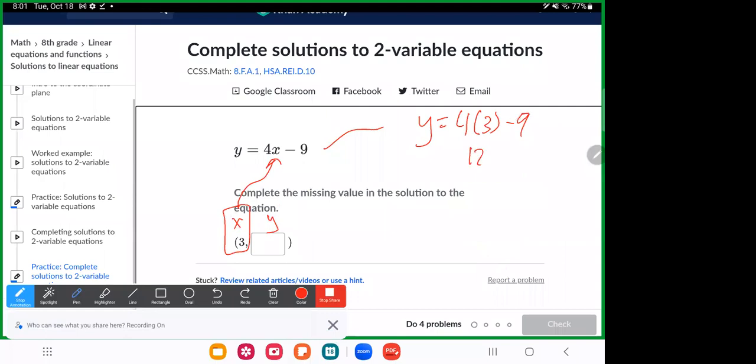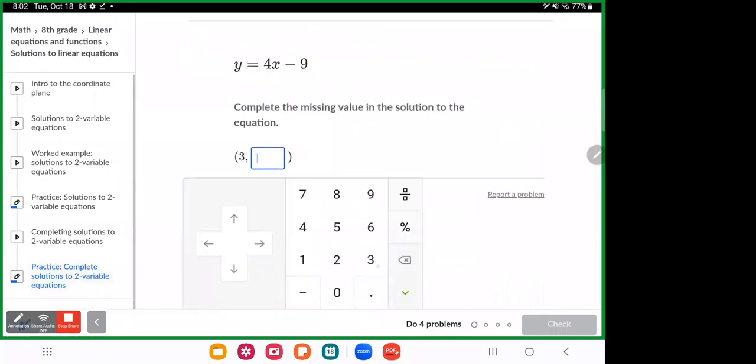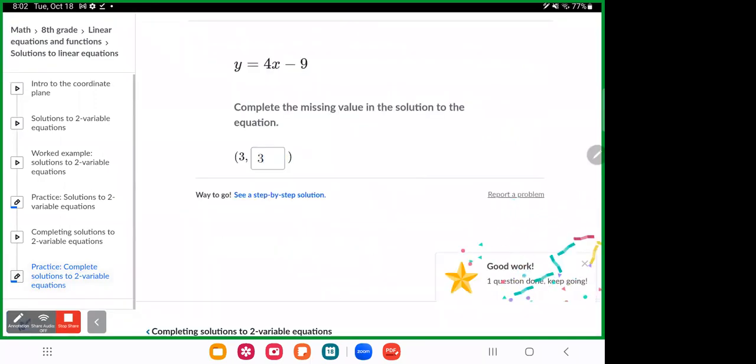And 4 times 3 is 12 minus 9. 12 minus 9 is 4. What? It must be late at night. 12 minus 9 is not 4. 12 minus 9 is 3. Okay. So the answer is 3, 3.